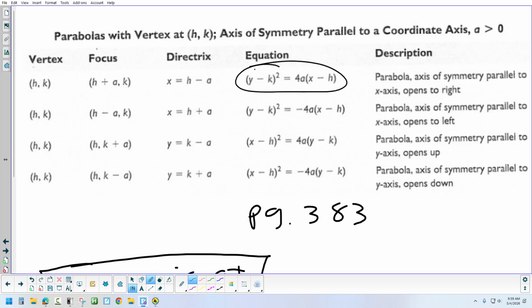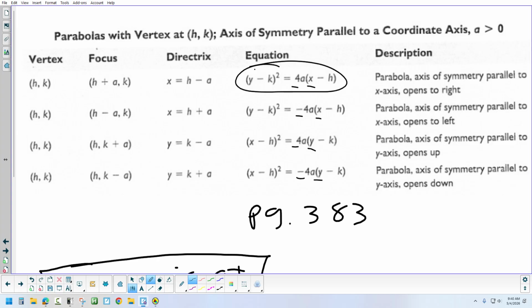The right-hand side will tell you the way that it's going to open. Just look at -y opens down, positive y up, -x left, positive x right. And if you can figure out which way it's going to open, you don't have to think about, okay, I know it opens right, so that means I need to add something to the horizontal to move the vertex to the right.